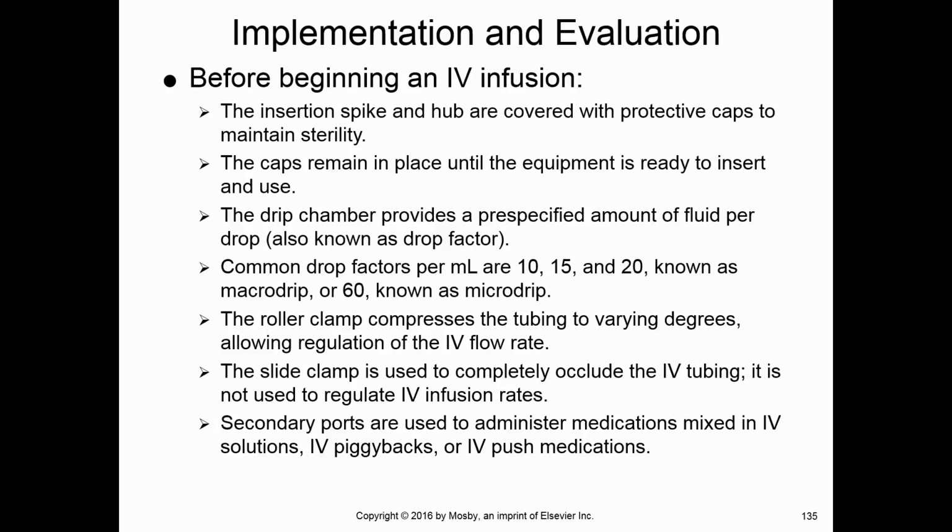There's the 10, the 15, the 20, and the 60. 10 is the normal drip factor, okay? But 10, 15, and 20 are called macro drips, and the 60 is called a micro drip. Now, when it talks about drips, it's talking about drips per ml.